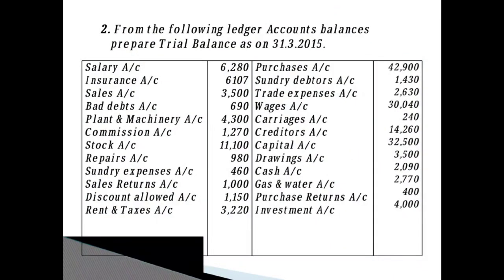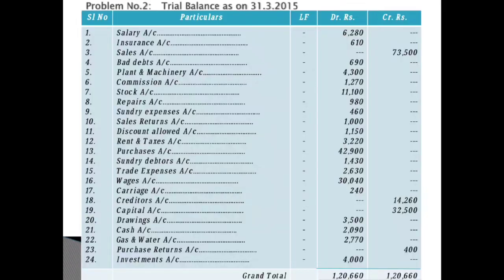The next you have, after sales returns, discount allowed account. Discount allowed is an expense, a loss for us whenever we allow the discount, 1,150. So it shows debit balance because it is a loss. See, 11th one, discount allowed, debit column, 1,150.